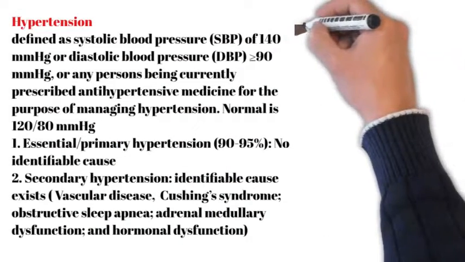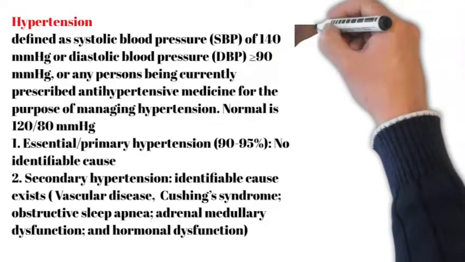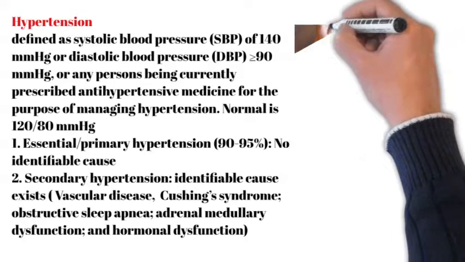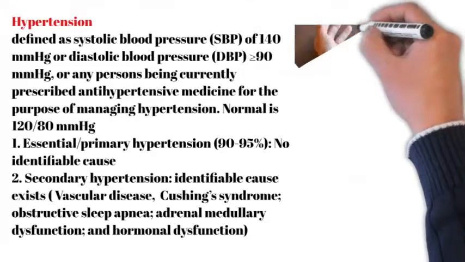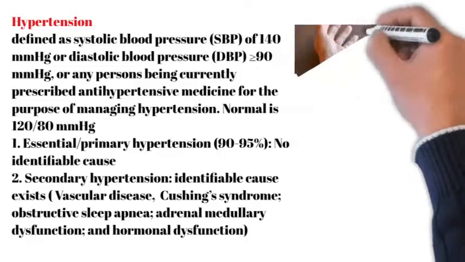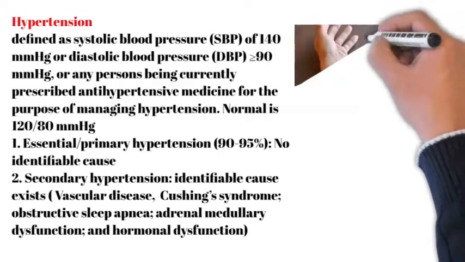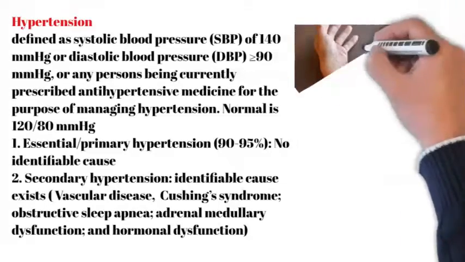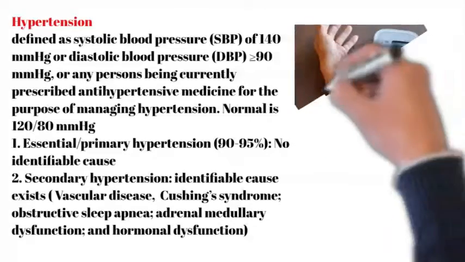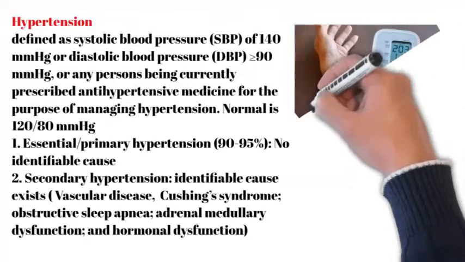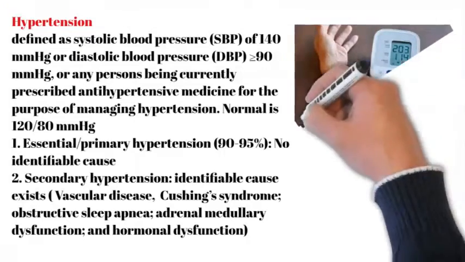Hypertension is defined as systolic blood pressure of 140 mm mercury or diastolic blood pressure greater than or equal to 90 mm mercury, or any persons being currently prescribed antihypertensive medicine for the purpose of managing hypertension. Normal level is 120/80 mm mercury.